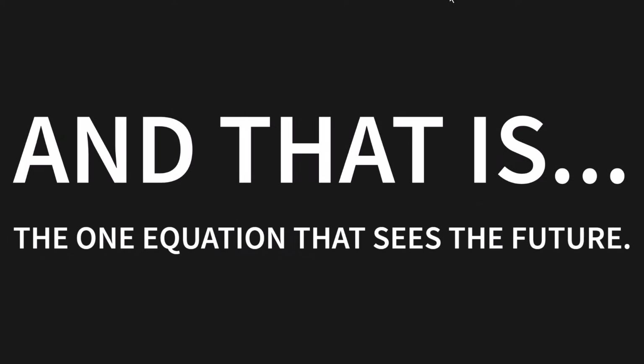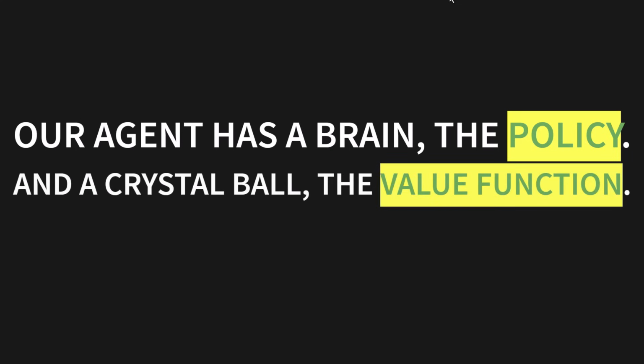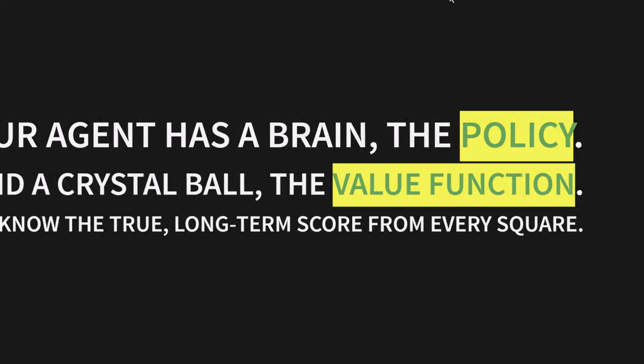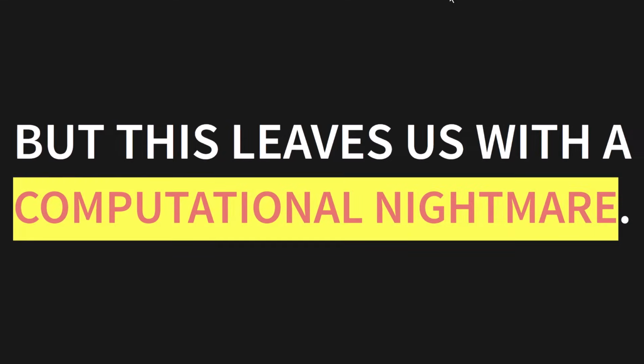All right, let's get this straight. Our agent has a brain, the policy, and to know if that brain is any good, it needs a crystal ball, the value function. This tells it the true long-term score from every single square on the board. But as we just discussed, this leaves us with a computational nightmare.